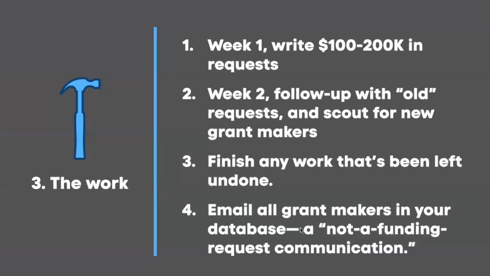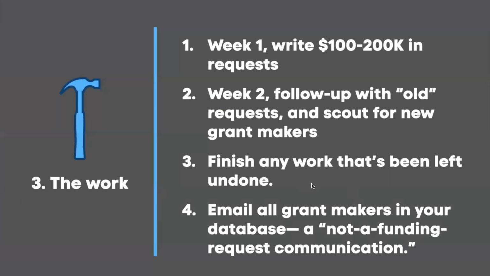And then in week 4, I'm going to email every single grant maker that's in my database a not-a-funding-request piece of communication. Generally, what I do is I send them an email, like I alluded to in the previous module, where in the subject line I'll say, not a funding request, monthly update.